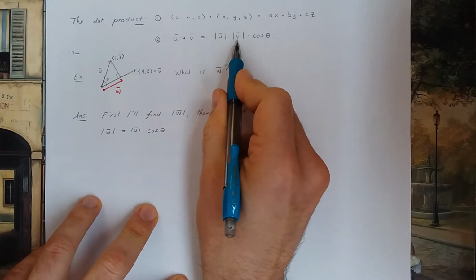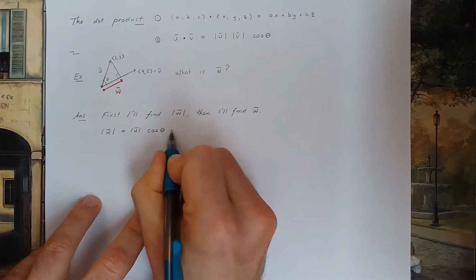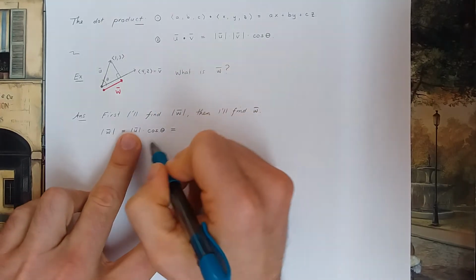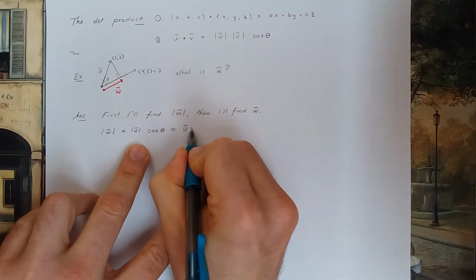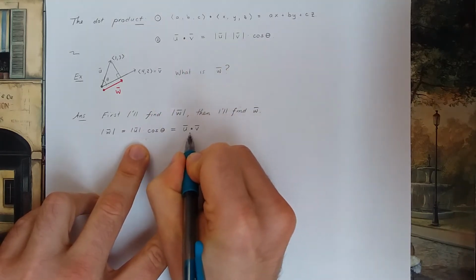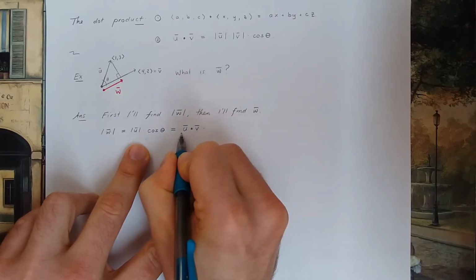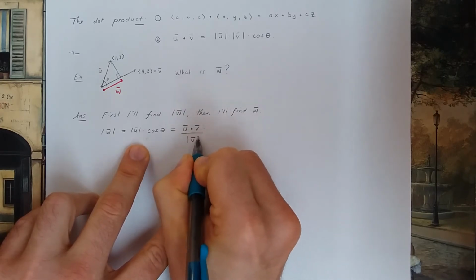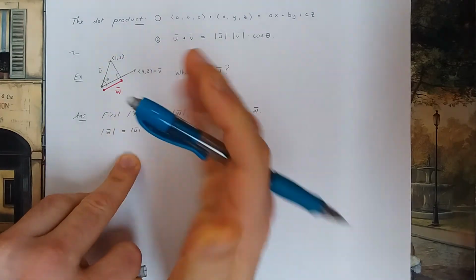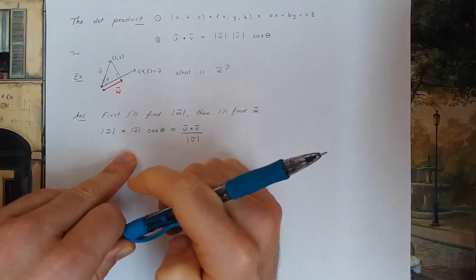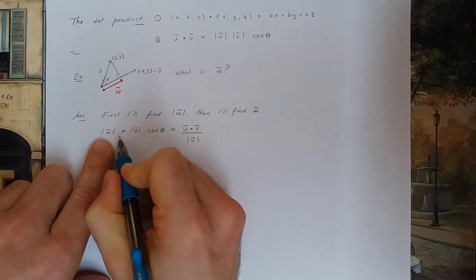Well, if I divide both sides by the length of V, that's almost the same expression. So that's actually U dot V divided by the length of V. So now I have the length of W.